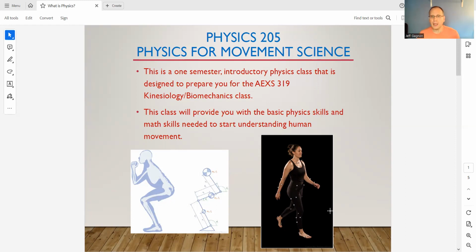The picture on the right is someone performing just a walk, so natural gait. But in this case, they have all these markers attached to their body. And she would be surrounded by several cameras, maybe 7 to 10 cameras. And using all the information from the cameras, they will give you the position of the markers.